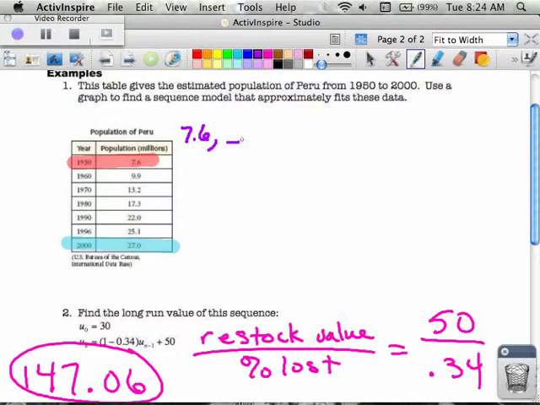And then you start looking at how many blanks are in here. And then the last number, 27. In between all of those things, total, how many numbers are there? To go from 7.6 to 27, how many numbers did I go up by?